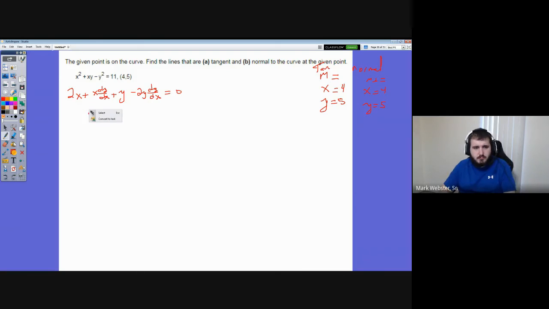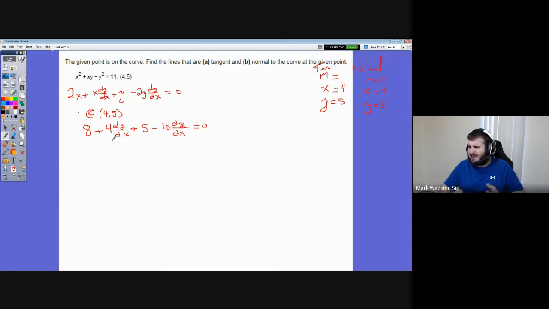So, at the point 4, 5, I know, well, 2 times 4 is 8 plus 4, x is 4, plus y, well, y is 5, minus 2y, minus 10 dy dx equals 0. And then again, just simplify and solve for dy dx.